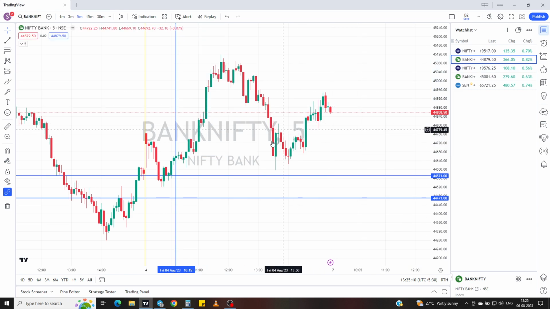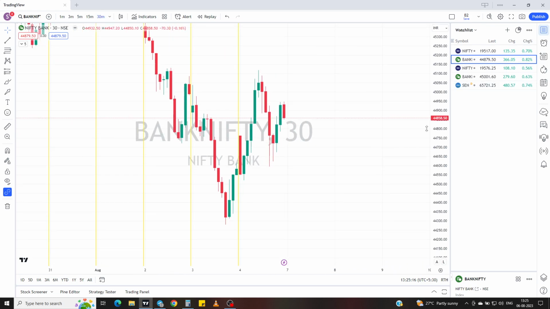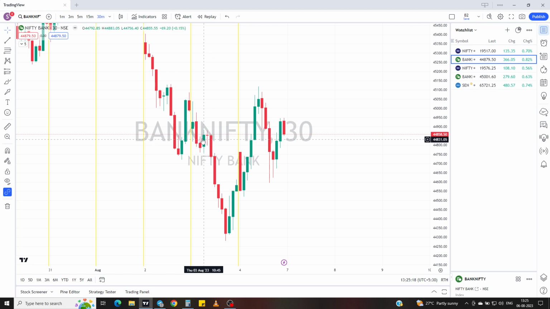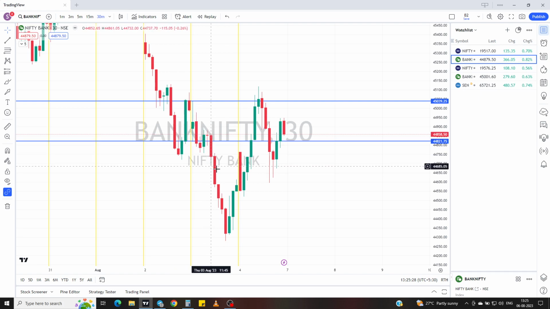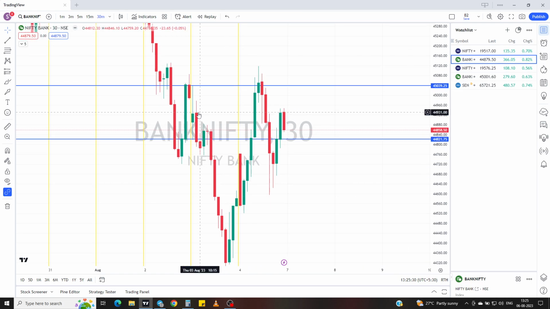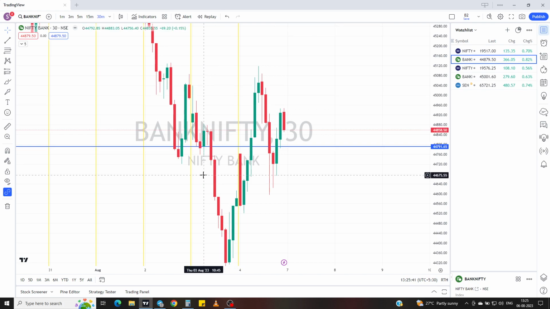Okay, so this is the strategy and these are the levels. I will just draw it and show you for the next day also, so that you guys will be a little clearer. So this is the first 30 minutes high of 3rd August, and this is the low of the first 30 minutes candle. We can see the next candle has given a breakdown and we are going to mark this low, and we are going to delete the first 30 minutes high and low, that is not needed for us.